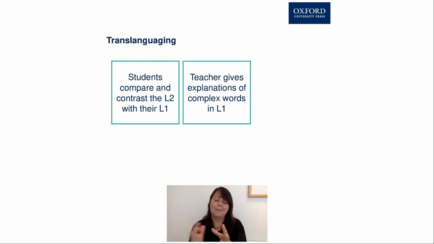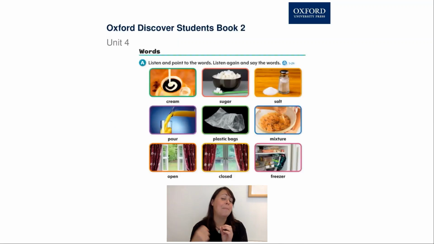We're moving more now towards that understanding that actually by explaining the complex words in L1, it helps our students to remember and to reinforce them. So one way we can do that is with vocabulary. Now, books like Oxford Discover give students such a beautiful interaction with new vocabulary.